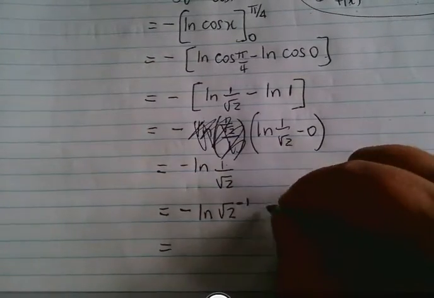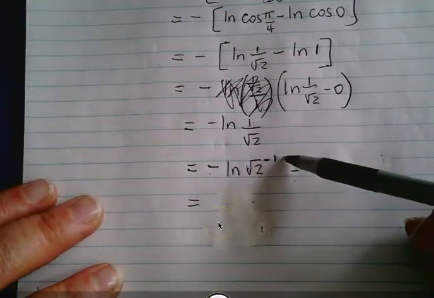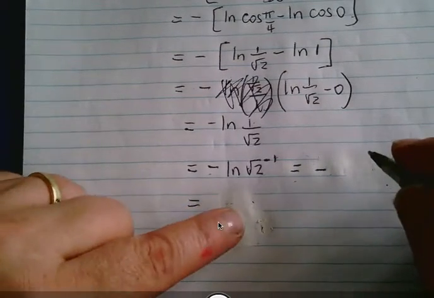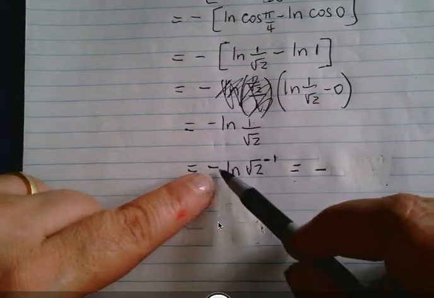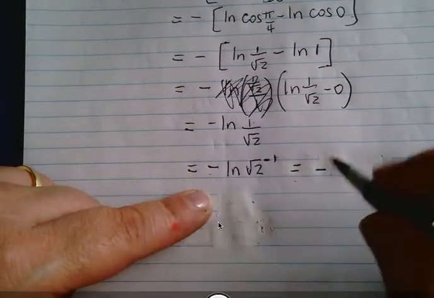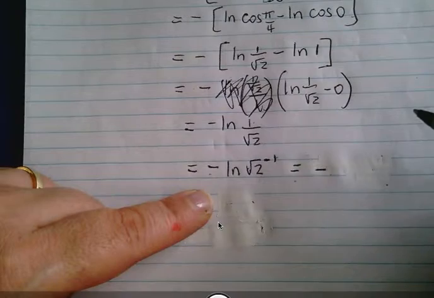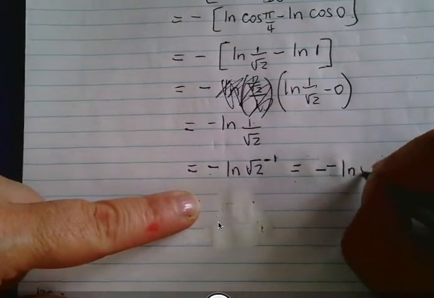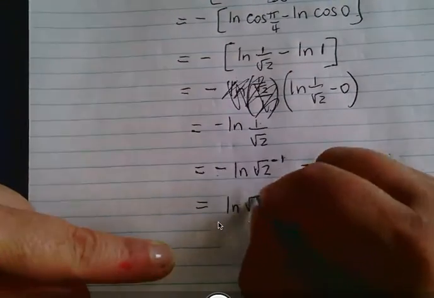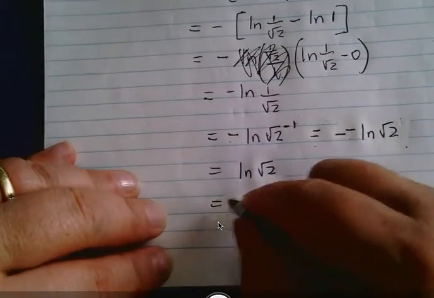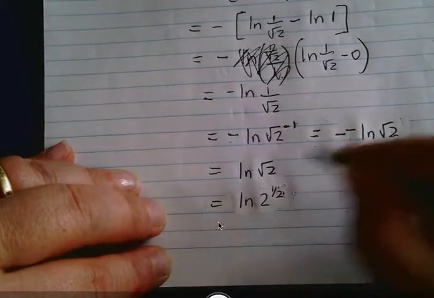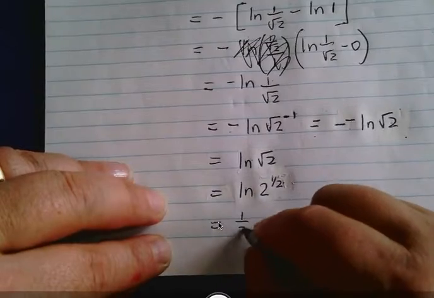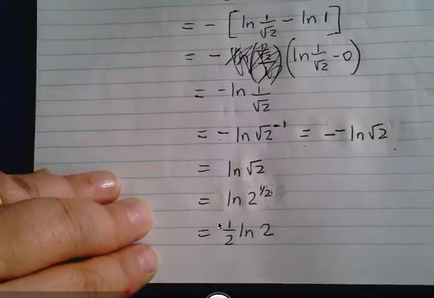Can I bring that negative to the front? Isn't that just ln root 2? Because it's negative, bring the power to the front. If it was squared, you'd bring the 2 to the front. So it's negative negative ln root 2, which is just ln root 2. Now, isn't that ln 2 to the power of a half? Which is, bring the power to the front, a half ln 2 as required.